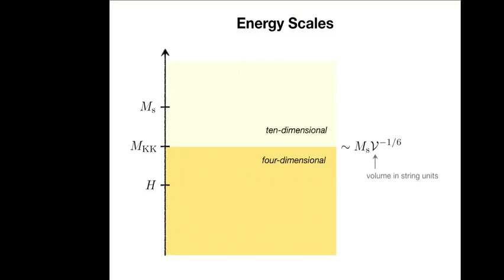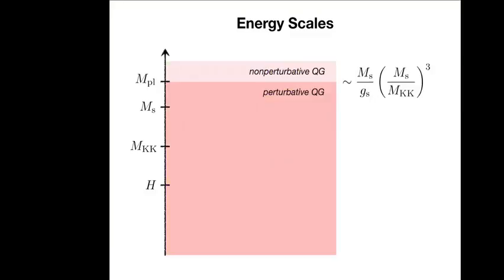Okay, another scale, of course, in a compactification is the Kaluza-Klein scale, which we typically choose to be smaller than the string scale because we choose volumes that are large in string units, so that we have a geometric description of this space. Then we have the Planck scale, and we choose all the scales to be smaller than the Planck scale because this divides perturbative and non-perturbative quantum gravity.